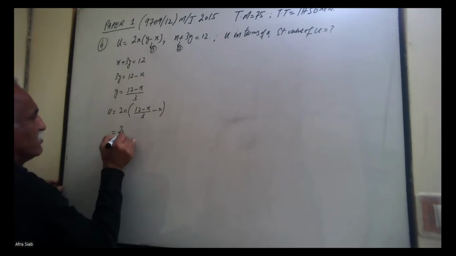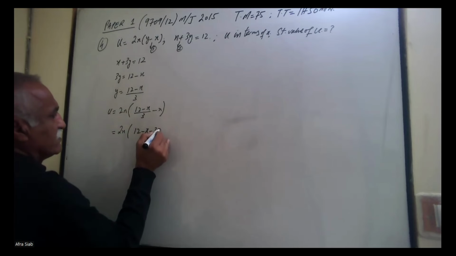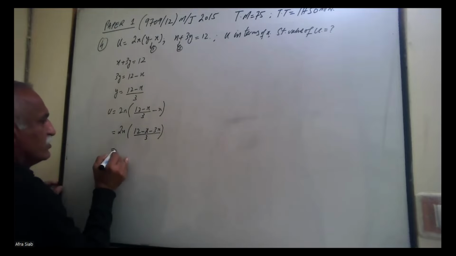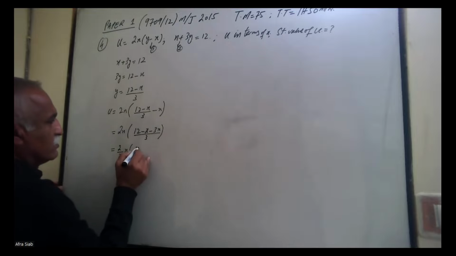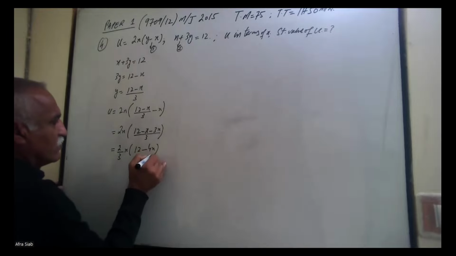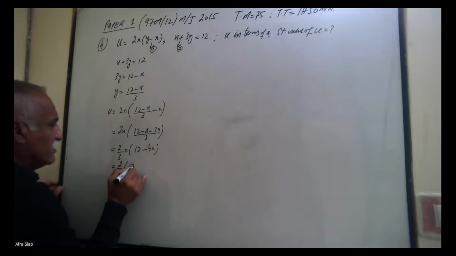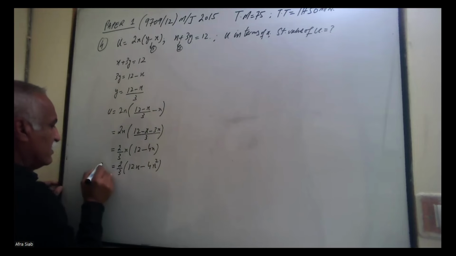This will become 2x into (12 minus x minus 3x) over 3. This is equal to (2 by 3)x into (12 minus 4x). This will be equal to 2 by 3 into (12x minus 4x square), which is u.